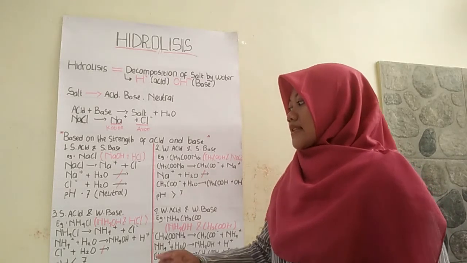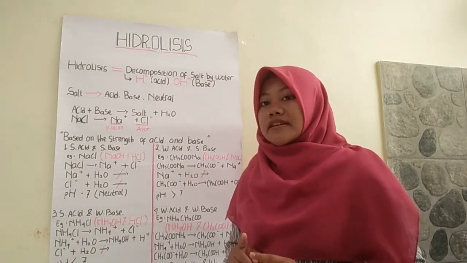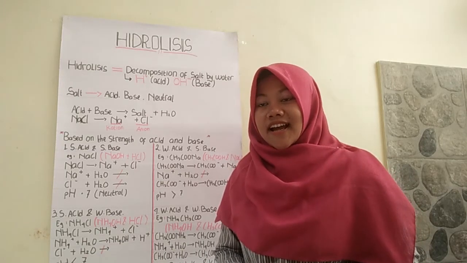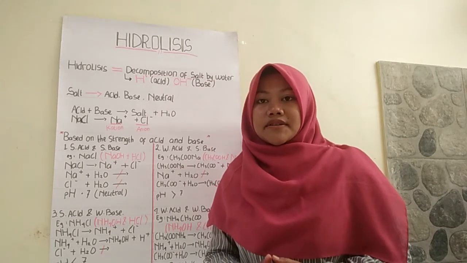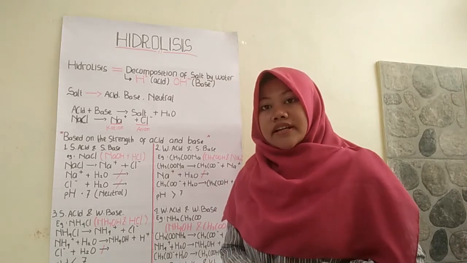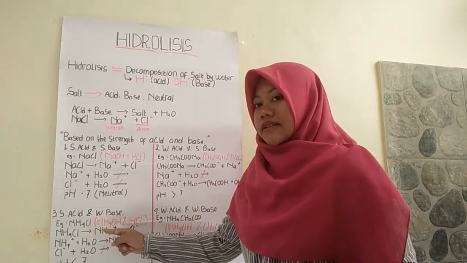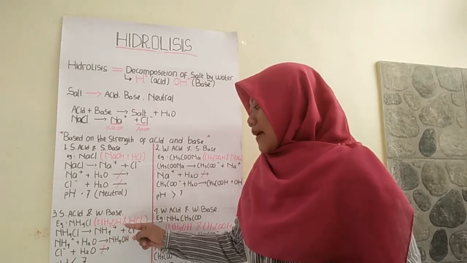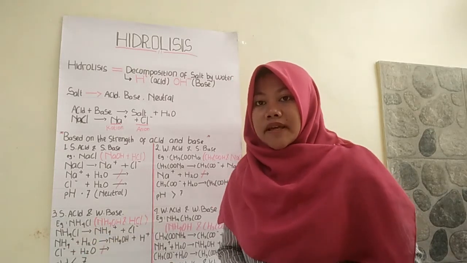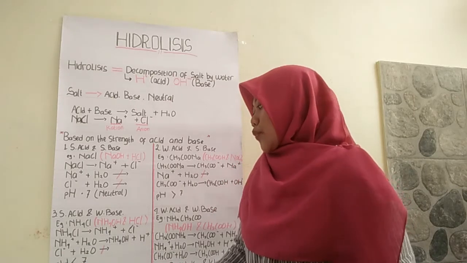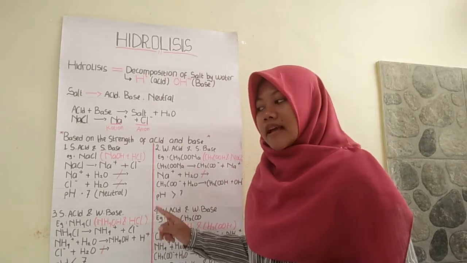And the third is from strong acid and weak base. For example, ammonium chloride. Ammonium chloride is from ammonium hydroxide and chloride acid. Ammonium chloride ionized into NH4 plus and Cl minus. NH4 plus reacts with water to produce ammonium hydroxide and H plus ion.